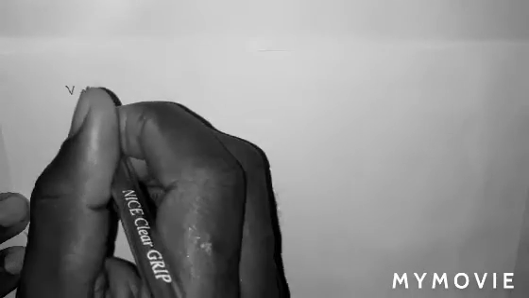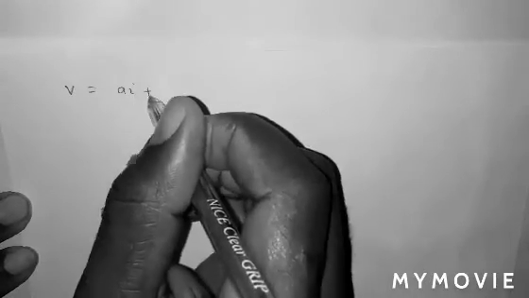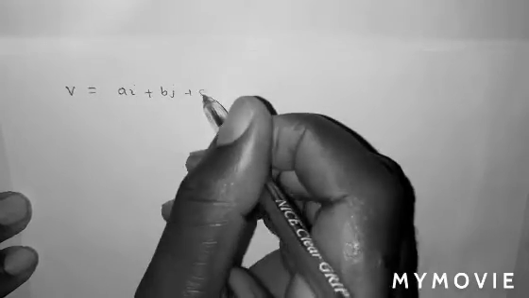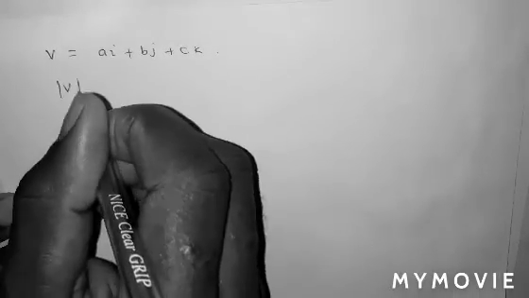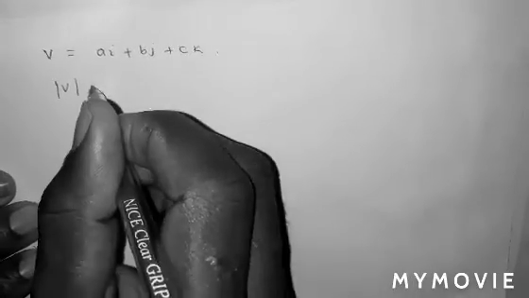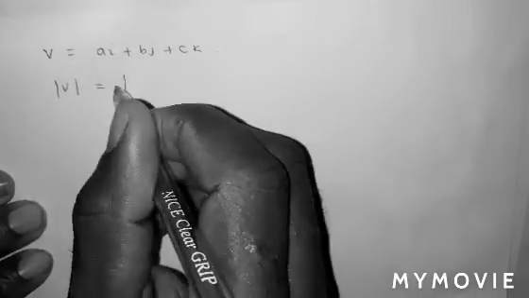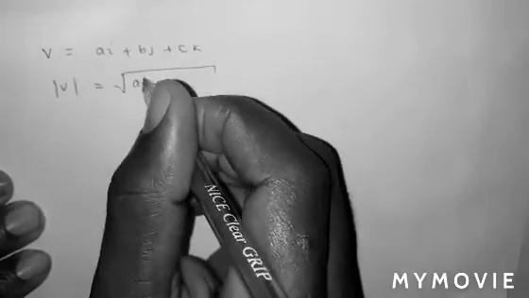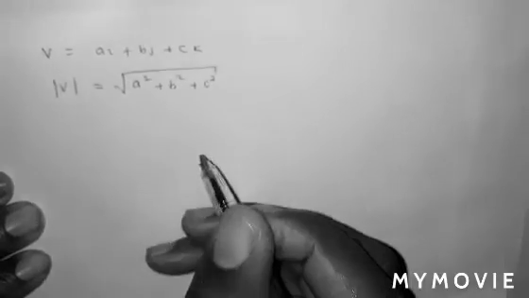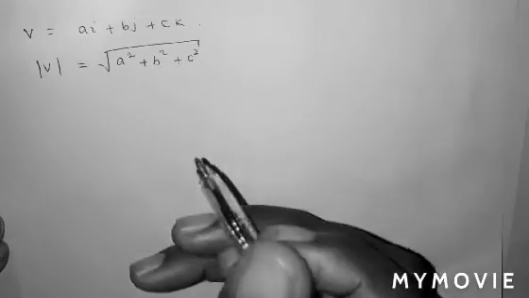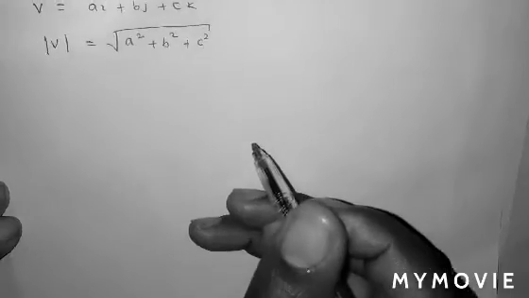For example, if in this case our v was equal to ai plus bj plus ck, then the magnitude of the vector v would now be equal to the square root of a squared plus b squared plus c squared. Let's have an example and see.